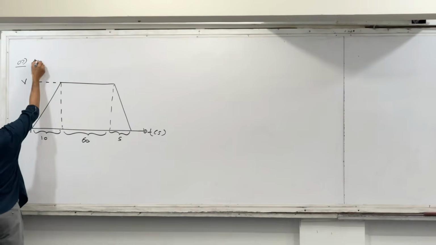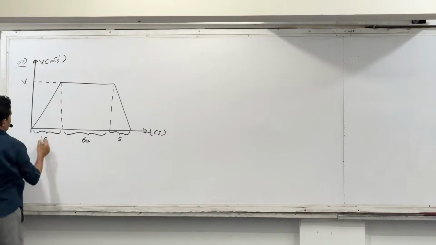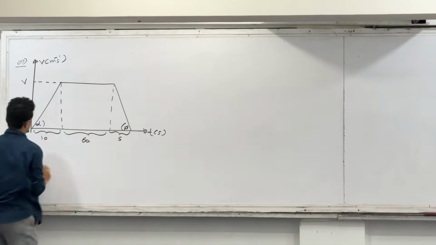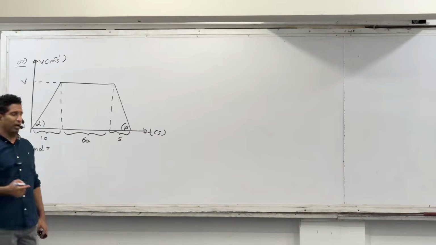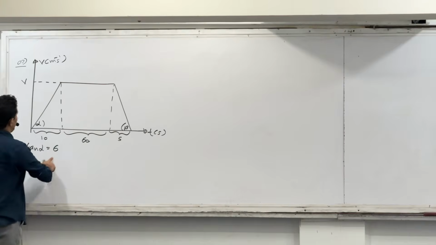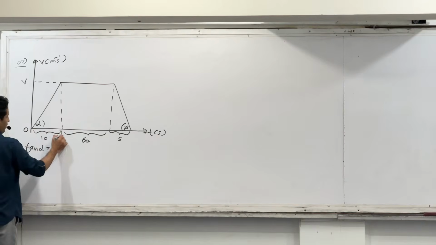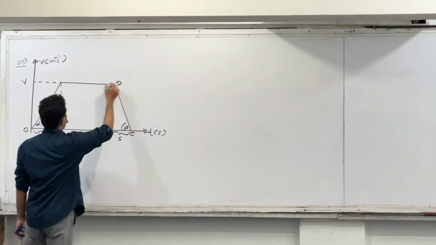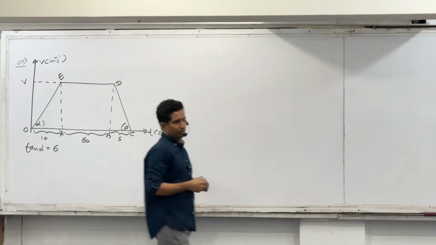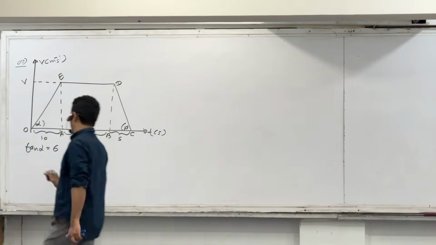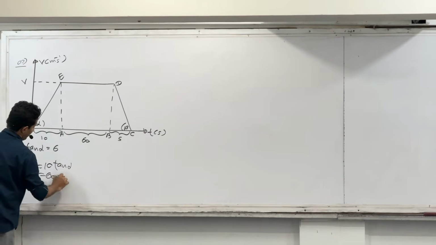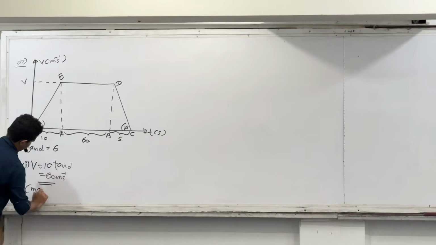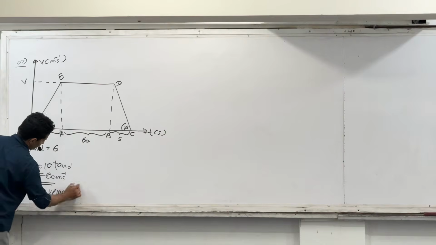The maximum velocity is V m/s. Tan alpha is the acceleration, which is 6. This is the graph O, A, B, C, D, E. The maximum velocity: V equals 10 tan alpha, that goes 60 m/s.